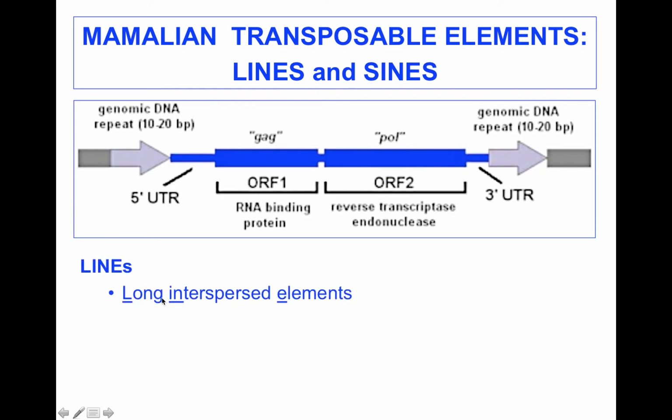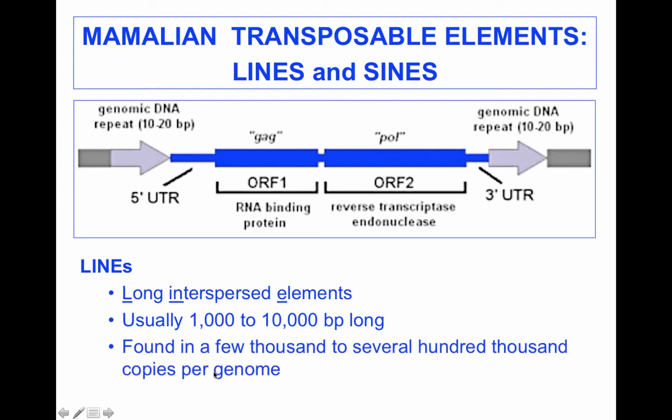LINEs are long interspersed elements. They're longer elements in this category, usually 1,000 to 10,000 base pairs long, up to 10,000 base pairs for a single LINE element. And they're found in a few thousand to several hundred thousand copies per genome.